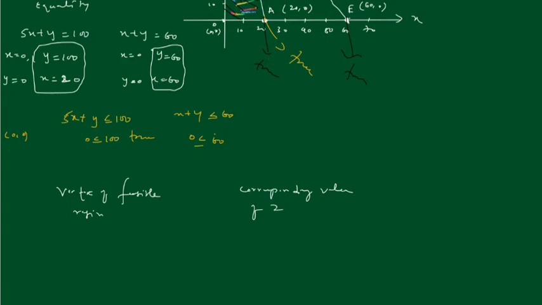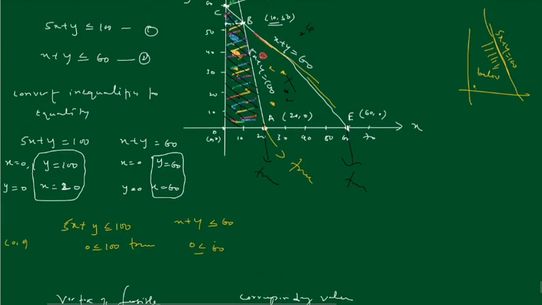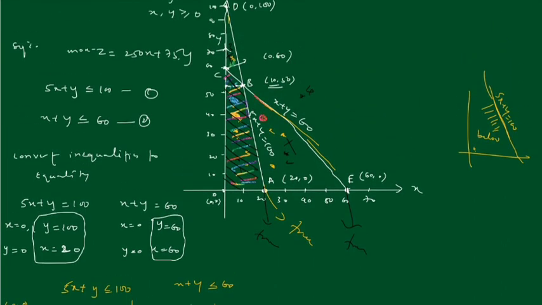The corner points of the feasible region are what here? 0, 0 is a corner point of the feasible region, and then a is 20, 0, the point of intersection b is 10, 50, and this point c is 0, 60.